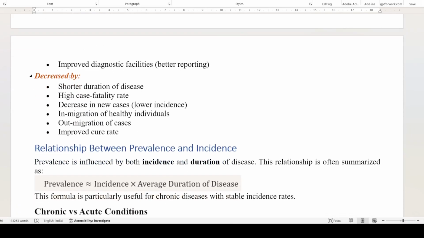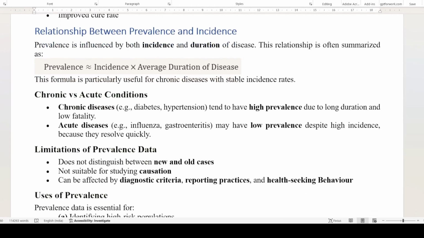But it can also be decreased by shorter duration of disease, high case fatality rate, decrease in new cases, in migration of healthy individuals, out migration of cases, and improved cure rate. So incidence and prevalence both are influenced by certain factors.